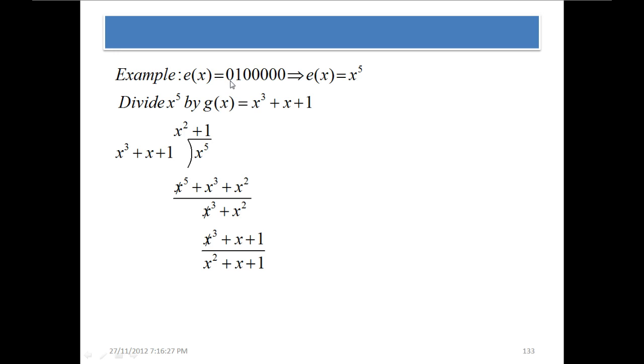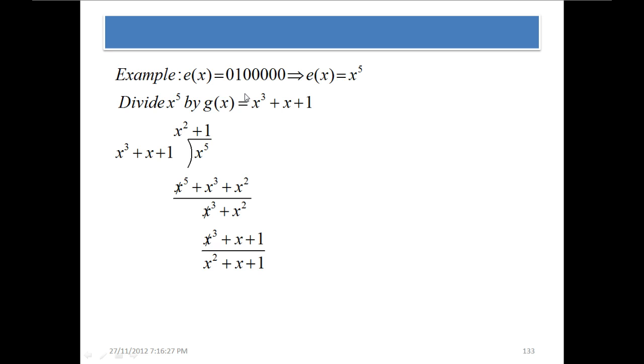So this is x raised to the power 6, and this is x raised to the power 5. As we know that the terms which are 0 are not written, so x raised to the power 5 is the polynomial for this error. And this x raised to the power 5 is simply divided by the polynomial generator, and we get the remainder over here, x raised to the power 2 plus x plus 1. So this is the error syndrome for this error.